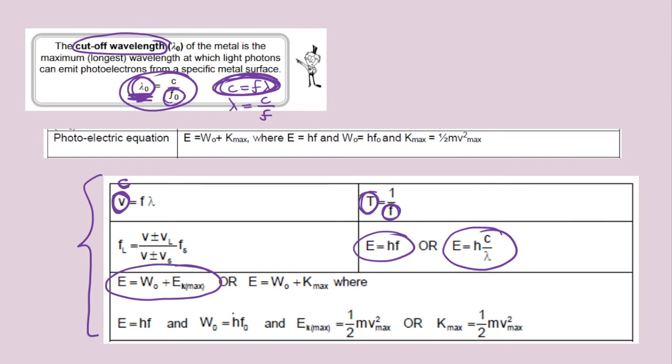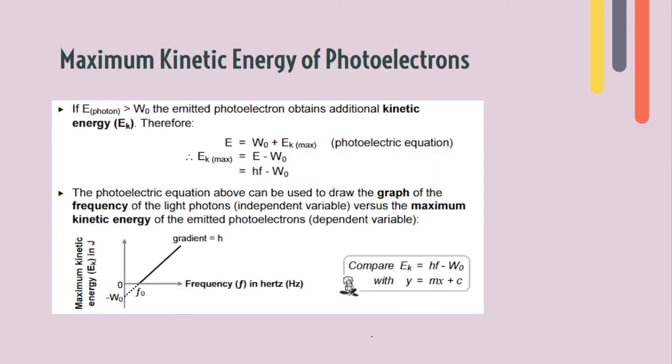They show you here at the bottom that work function is calculated by Planck's constant multiplied by the cutoff or threshold frequency. And they say kinetic energy is equal to half mv squared. So all of your formulas are here in one form or another. Take note of this so that you know how to use these formulas later.